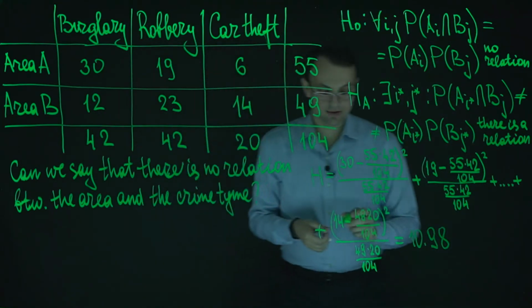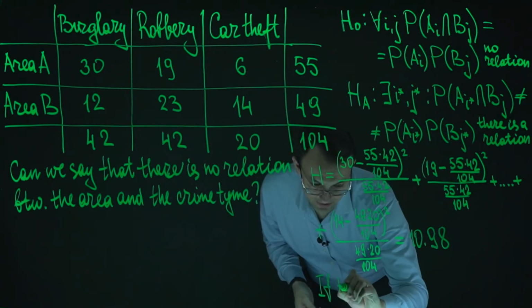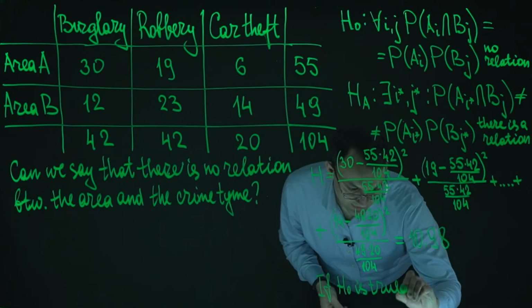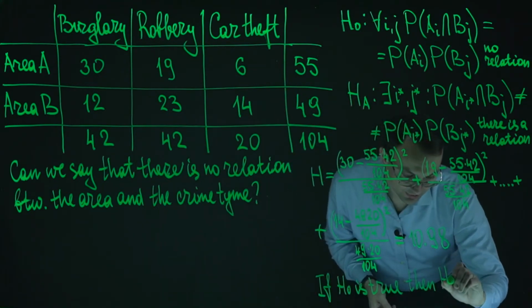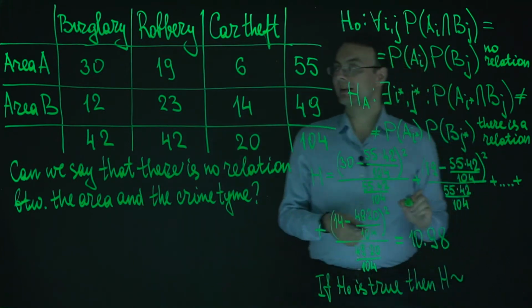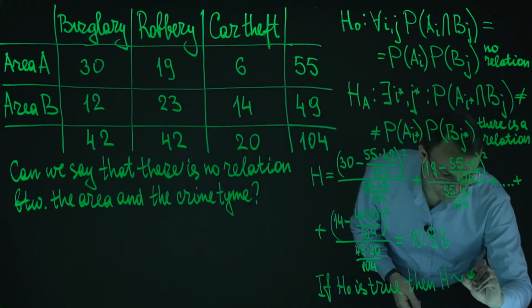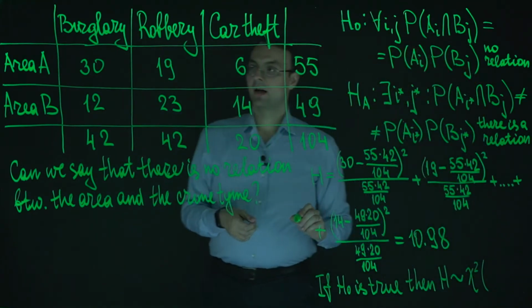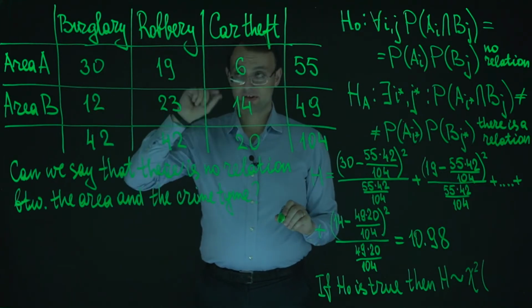Then we say that under the null hypothesis, so if H0 is true, H follows the chi-square distribution with number of degrees of freedom equal to 2 minus 1 times 3 minus 1, that is 2.